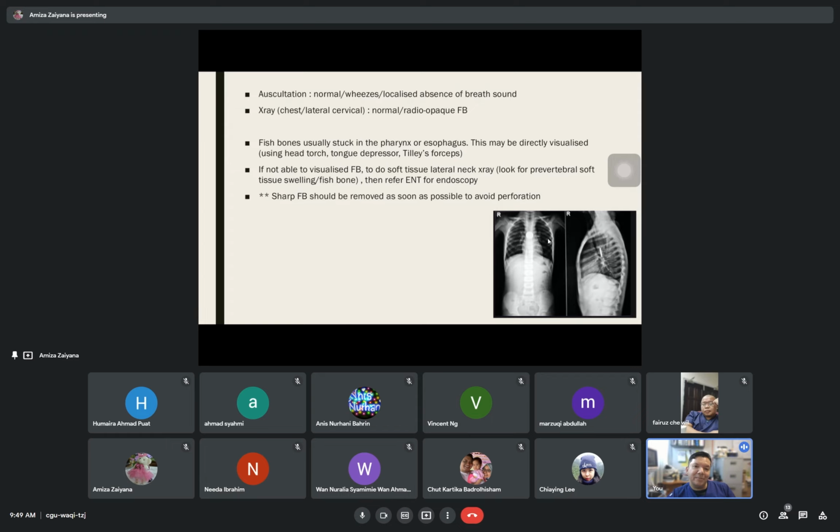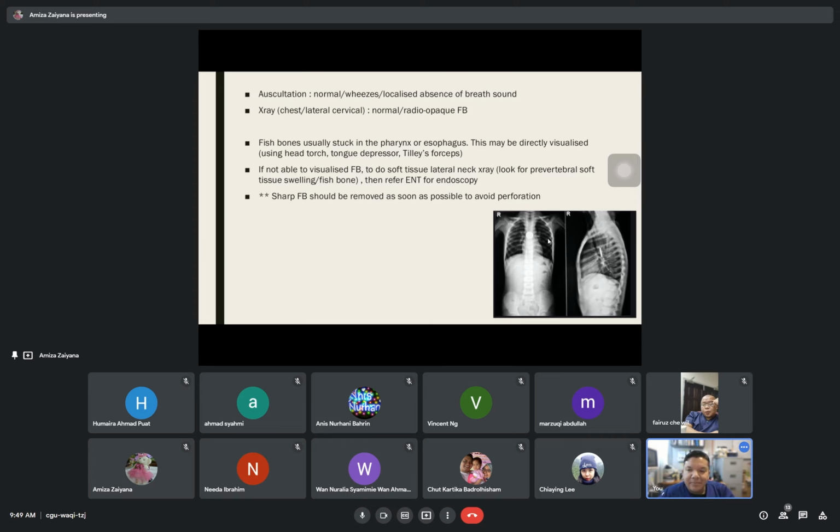What is the most common one that we see? Patients choking on fish bones, right? Fish bone is very common. Most of the time when you do an X-ray you won't be able to see it, because it's very small, unless the fish bone is really big. Most of the time what they swallow are small bones. You can do direct visualization.